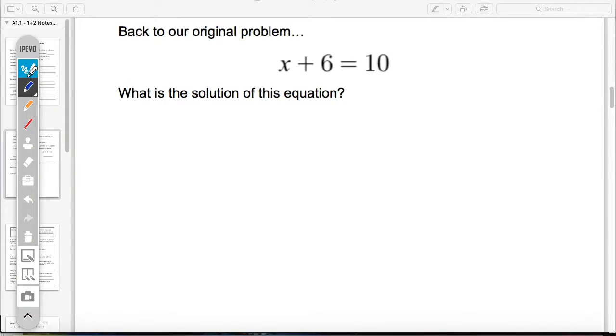So back to our original problem. We have our equation x plus 6 equals 10, with our variable being a lowercase x with a coefficient of 1. So what is the solution of this equation? This is asking, what number plus 6 equals 10?